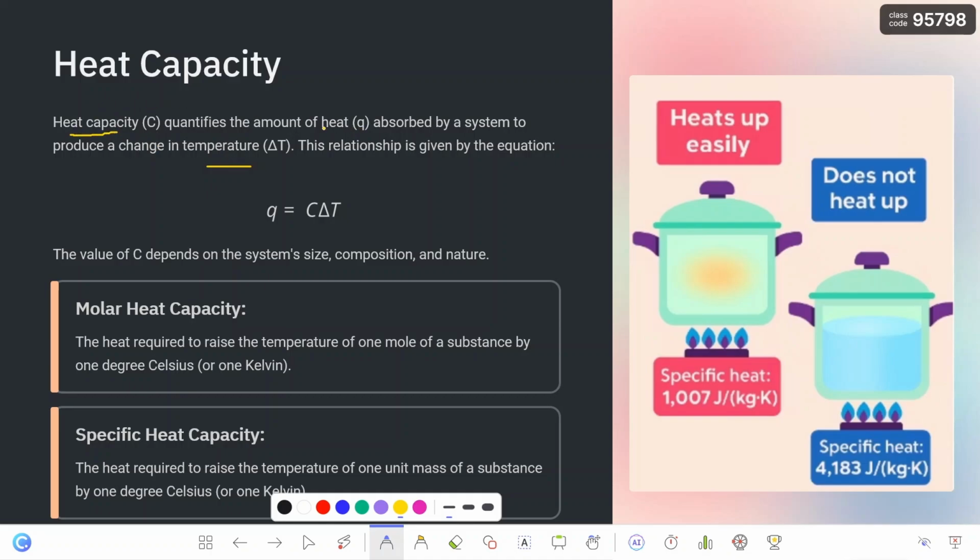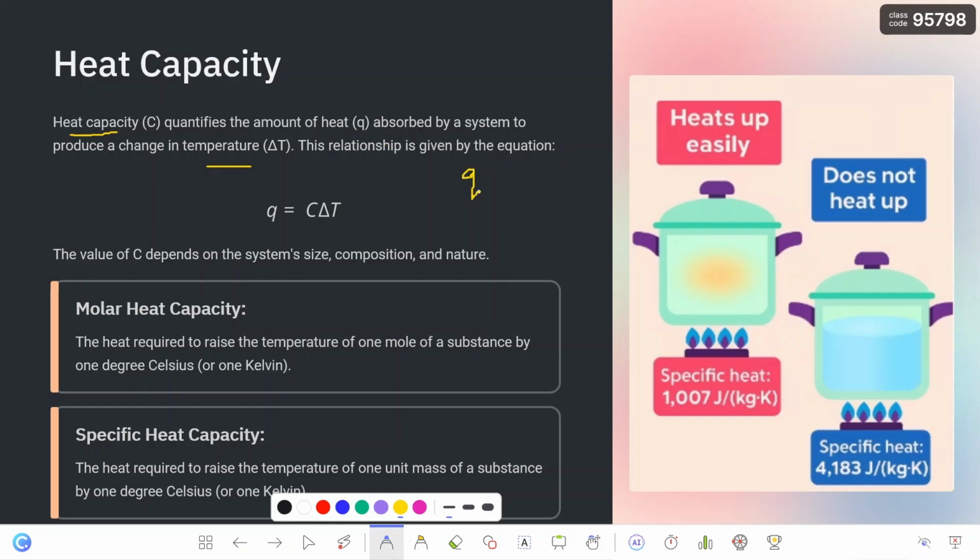Usually the heat transferred is directly proportional to the rise in temperature. Means if we want to raise the temperature more, we need to increase the heat. If you are heating something, there will be an increase in temperature, and that increase of temperature is directly proportional to the heat transferred.